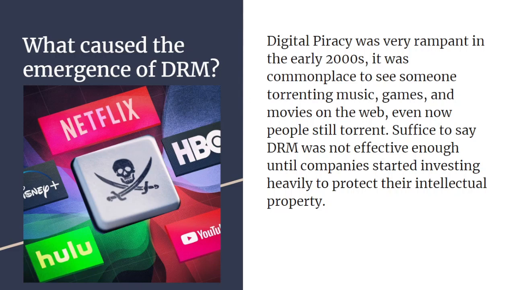Even now, people still torrent, and there are communities made for pirating software. I even delved into this community, and I also torrent some stuff using software that can torrent. Suffice to say, DRM was not effective enough until companies started investing heavily to protect their intellectual property.